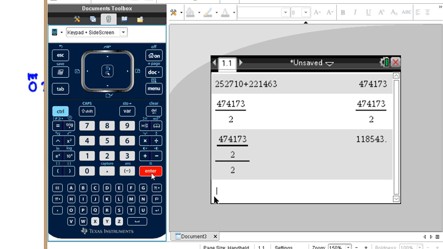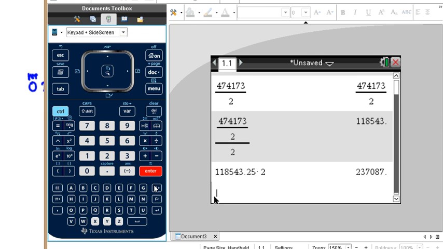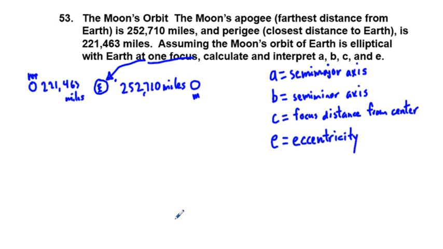Let me go ahead and do that. I don't know what happened here. There we go. So 237,087 miles. So A equals 237,087 miles.